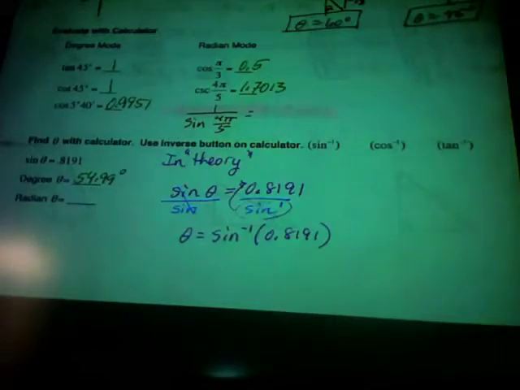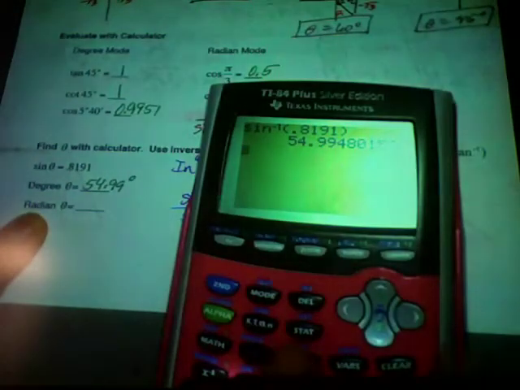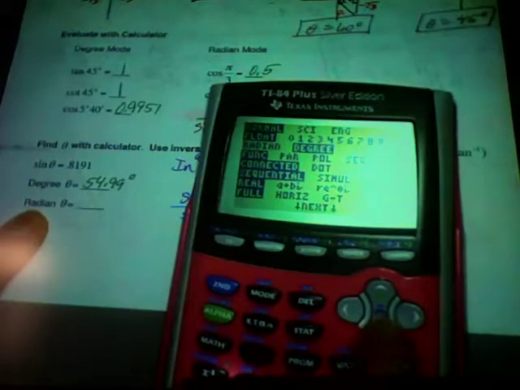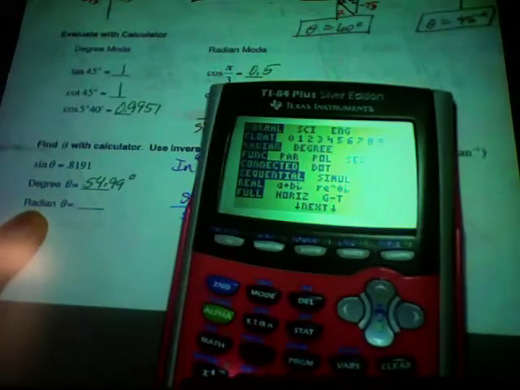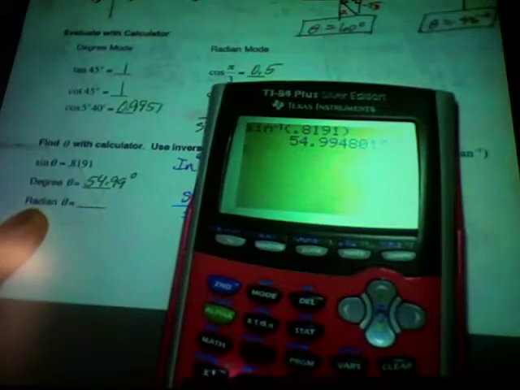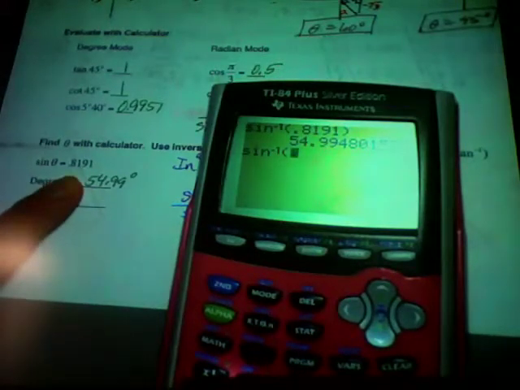So, do your radians. It's going to be the same thing, but our calculator has to be in radians. So go back to mode, highlight radians. You're going to get tired of it, back and forth and back and forth. Second quit, and now do the same thing. Second sine, so you get that inverse sine, and then 0.8191, close parenthesis, enter.